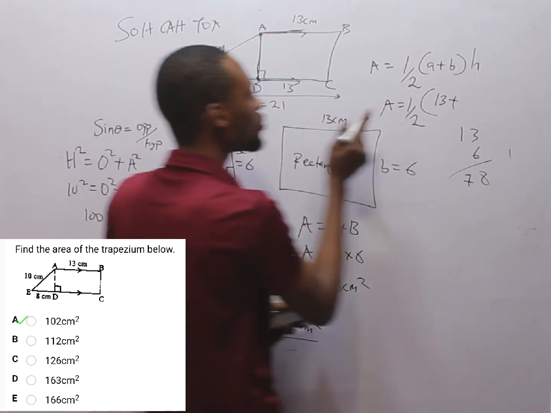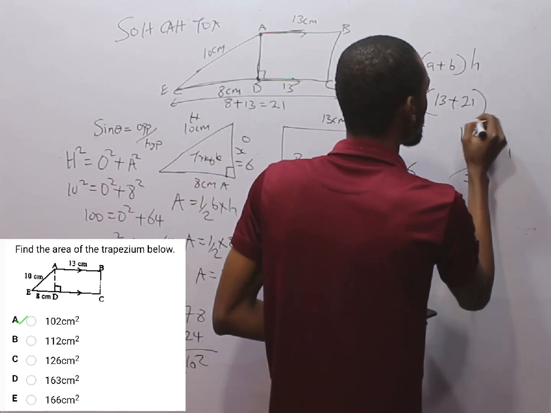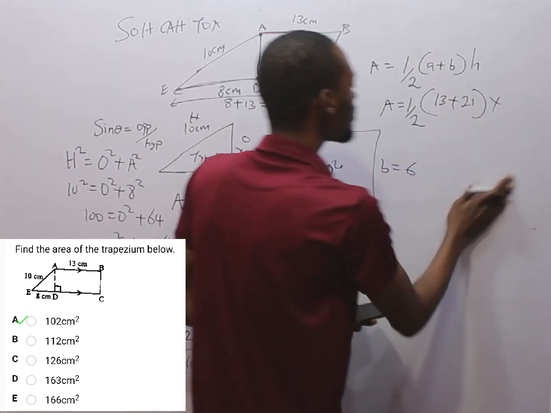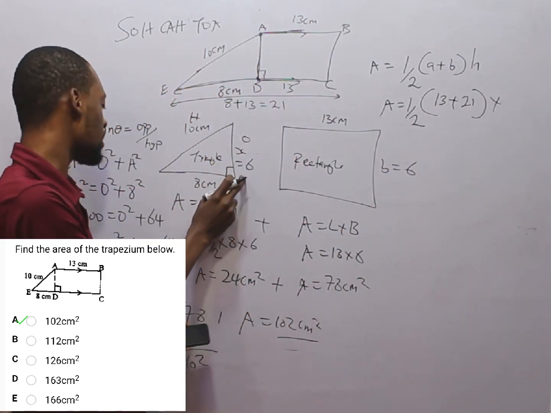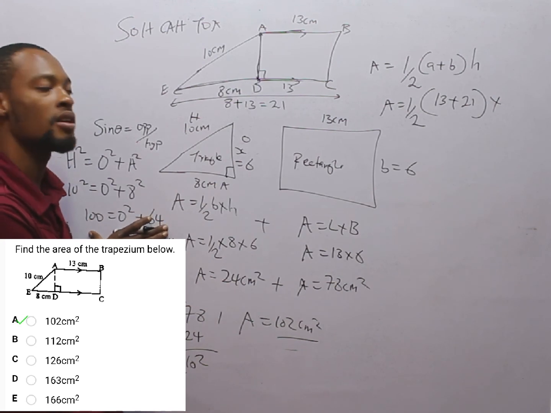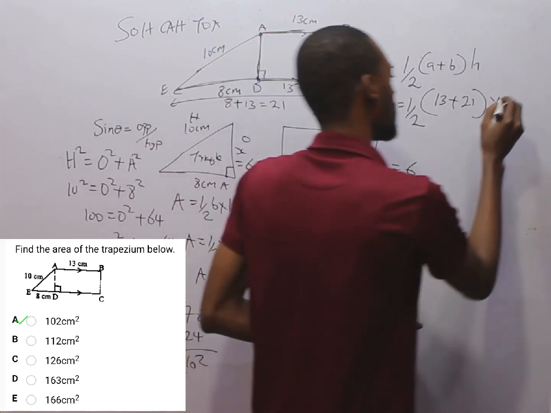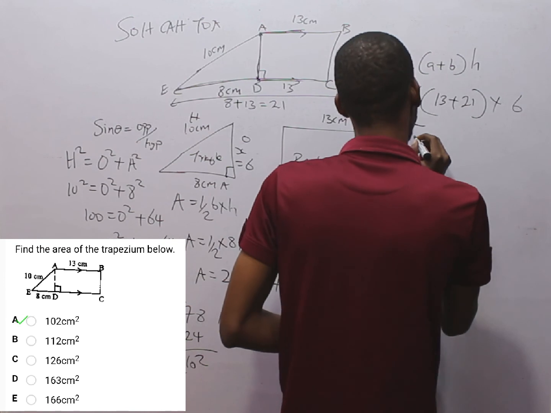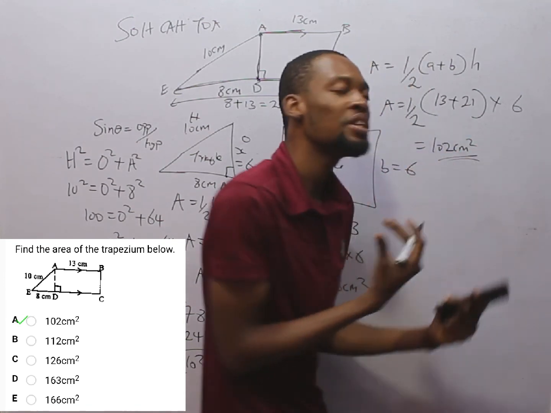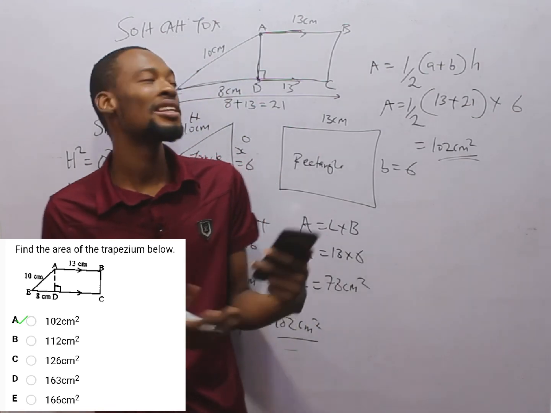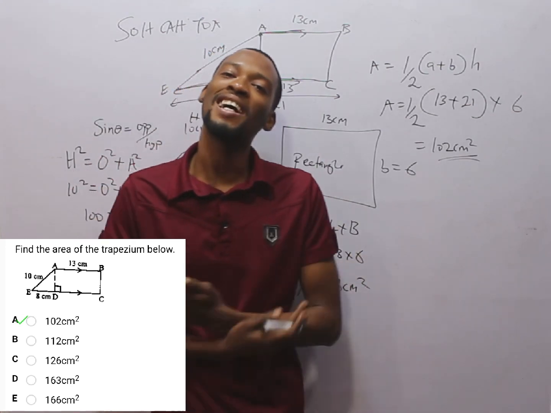So B is 21. 21 times height, which means you still have to look for height. In the process, we got height to be 6 using Pythagoras theorem. So times 6, this will give you 102 centimeter squared. Any method you choose to use, you get the area.